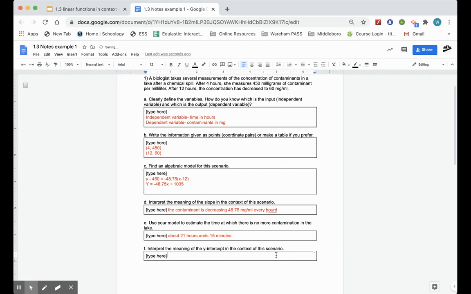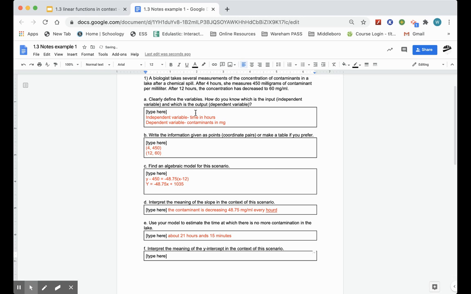Okay. So interpret the meaning of the y-intercept in the context of the situation. So it would take about 21 hours for the contaminations to be eliminated. So before there was, the concentration of the contaminants was down to 0.